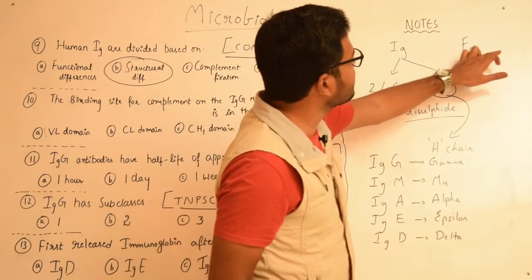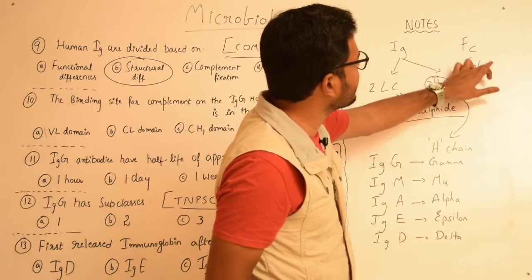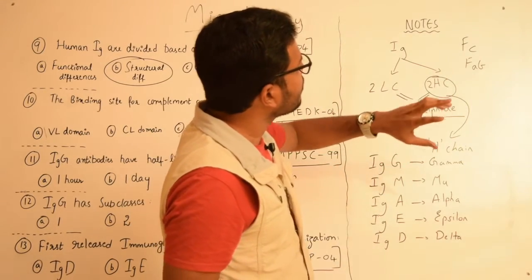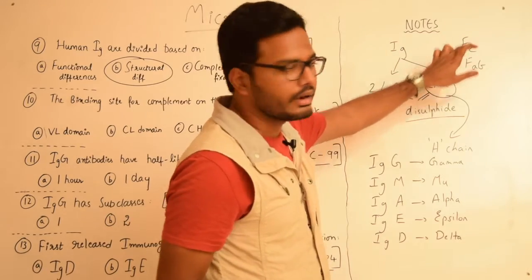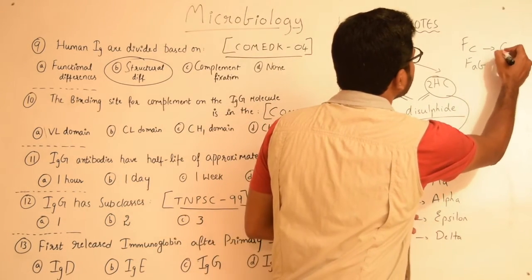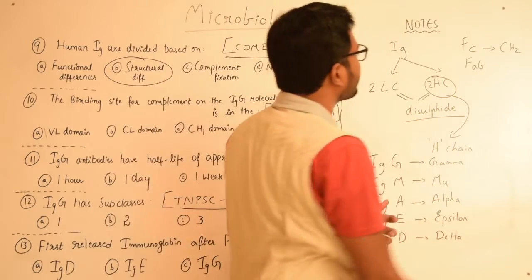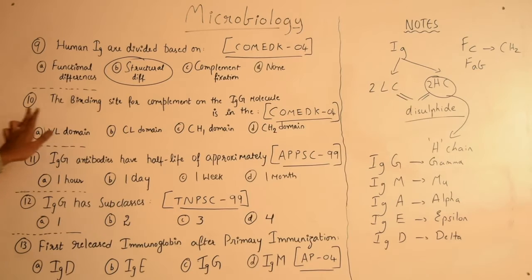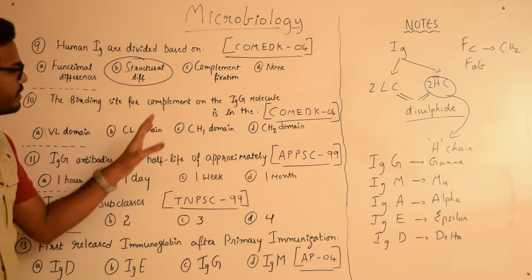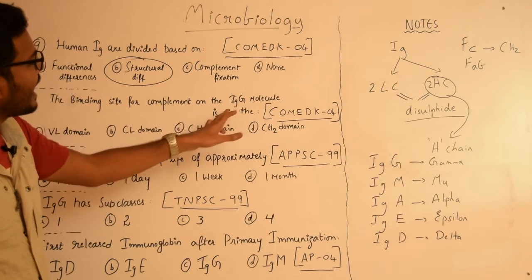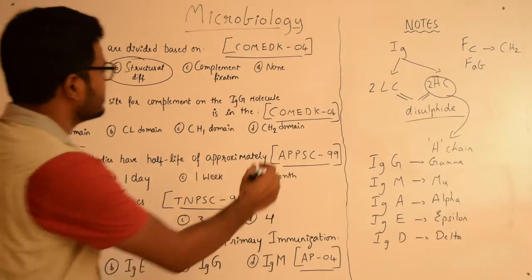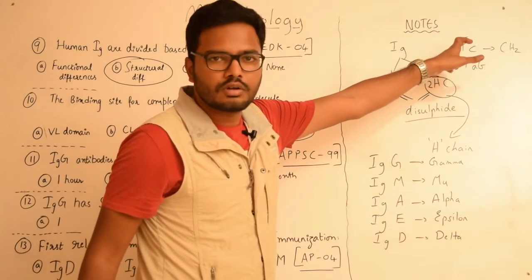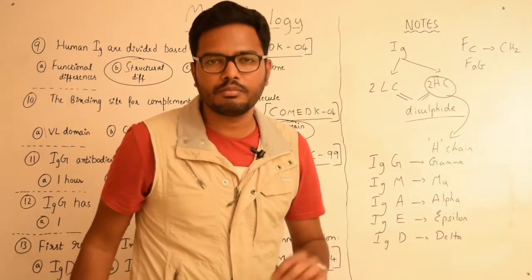The FC is the insoluble fraction, whereas FAB is the soluble fraction. This is just for your information. Complement binds to the FC end, that too in the CH2 domain, right? So now moving on to the same question: the binding site for the complement on the immunoglobulin IgG molecule is the CH2 domain, which is present on the FC portion of an IgG antibody.